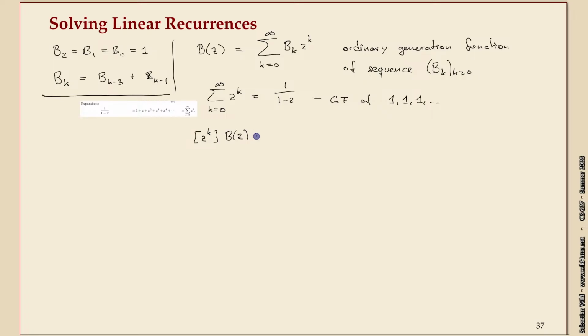We define this thing to mean b_k if capital B of z is the ordinary generating function of the sequence b_k. That's just a definition. In general, that's not all that useful. It's a good notation, but it's only useful if we can also get back from the closed form or from some representation of this generating function to the coefficients, the sequence that we started with.